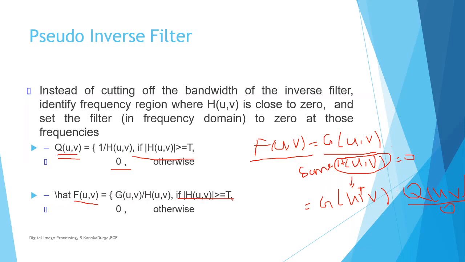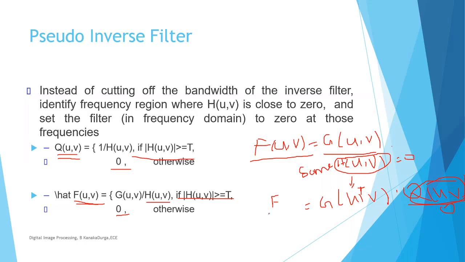The modulus of H(u,v) should be greater than or equal to the threshold value. Nothing but this value cannot be equal to 0. If it is equal to 0, we directly assign F(u,v) equals 0. If it goes to 0, the multiplication of the value goes to 0, so F(u,v) equals 0 at that time.